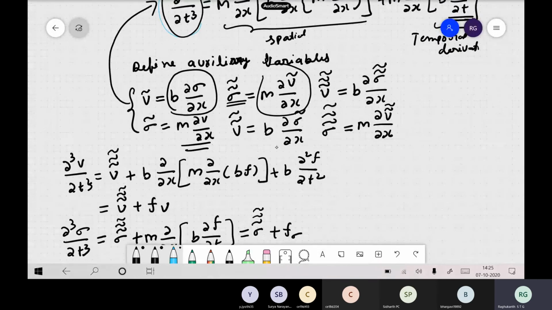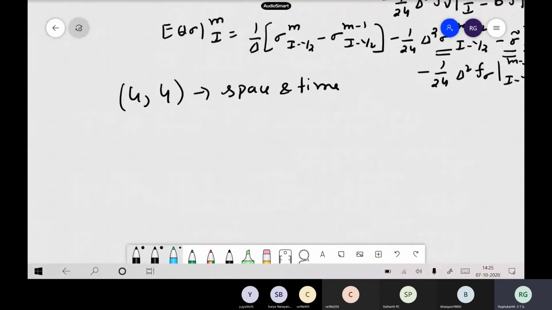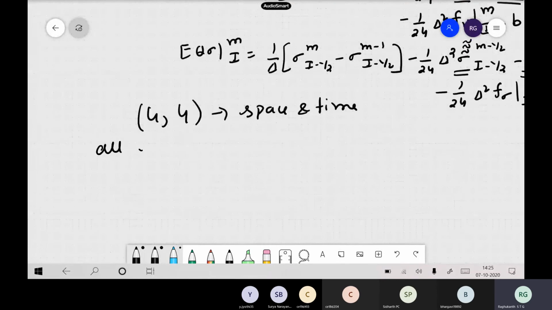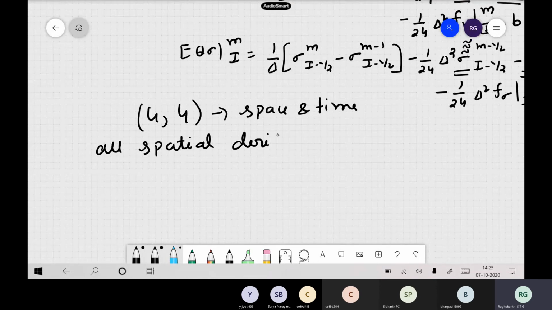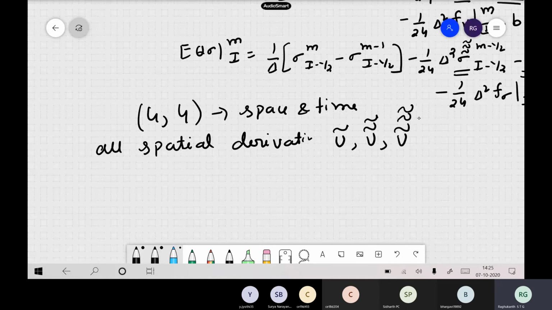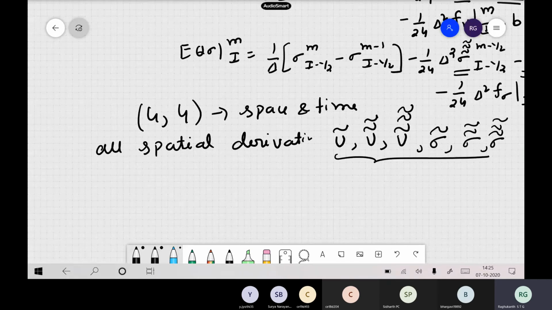So all these are derivatives: v hat, v double dash, v triple dash, and similarly sigma hat, sigma and all these things. These are all first order spatial derivatives, so they can also be represented using the fourth order scheme.